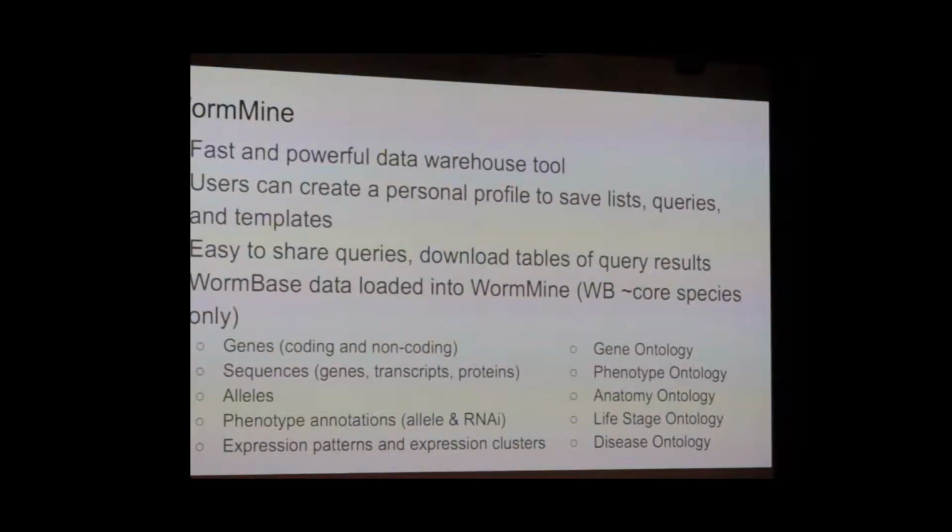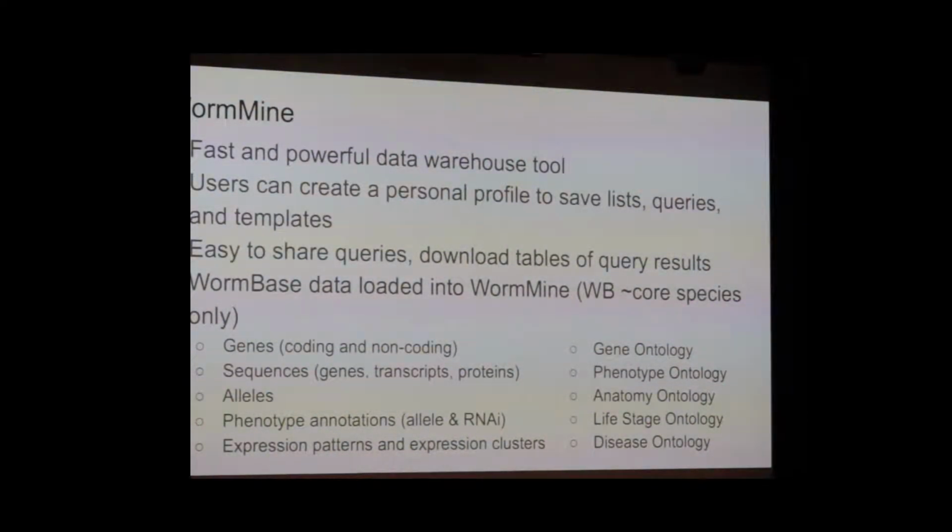I'm going to talk about WormBase ParaSite BioMart. ParaSite, the ParaSite site and the BioMart associated with it has a large number of genomes, I think almost 180 genomes, most of which are flatworms and nematodes. The data we have for these species includes the genes, both coding and non-coding genes.